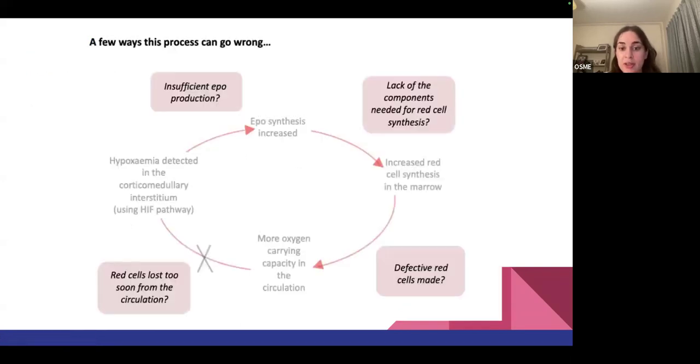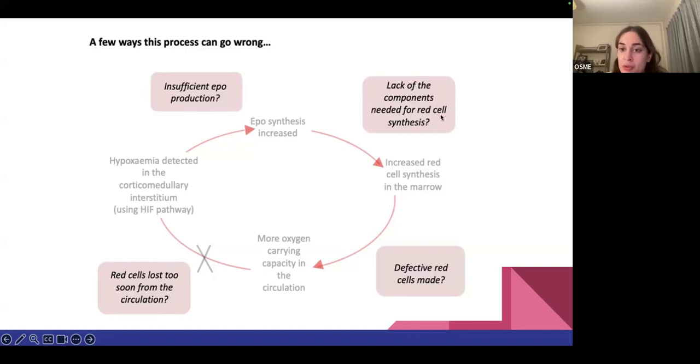The cause of anemia you can think about within the different stages of red blood cell production. If there's poor EPO production, so in things like chronic kidney disease, where although the HIF pathway's activated within the kidney, because the kidney's damaged, it doesn't produce EPO, you could get anemia. So this is the anemia of chronic disease or chronic kidney disease.